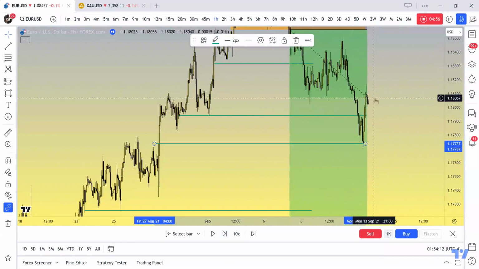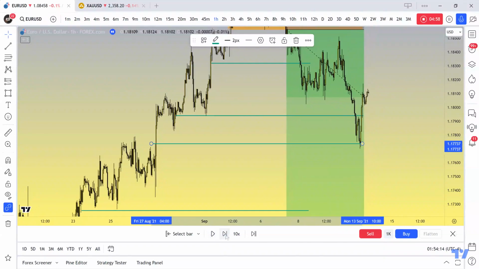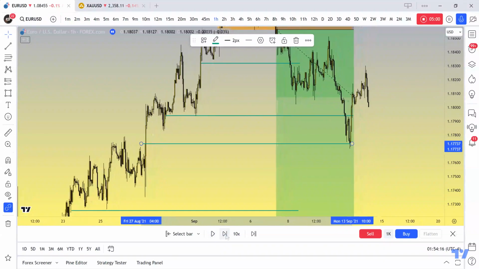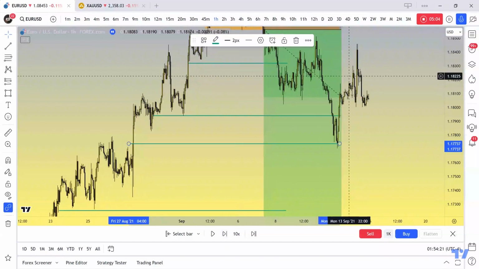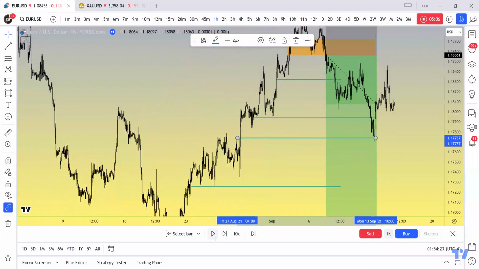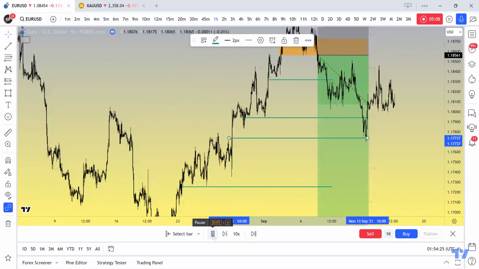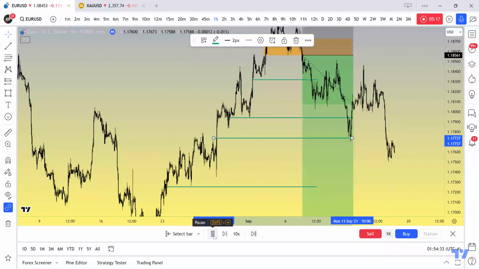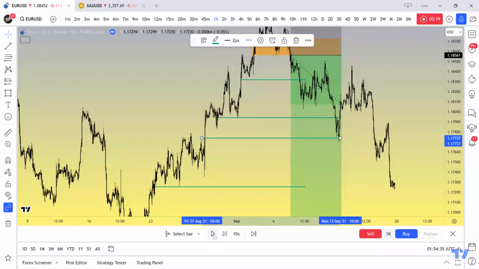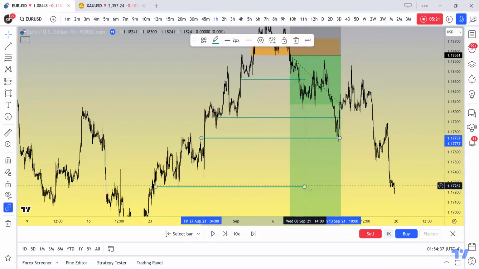We retraced all the way into here. So let's see if we move lower again. Pretty much all the way to the top and still consolidating in this area. Let's fast forward. Okay, retrace, redistribution, and now we're going lower again. Is that target?